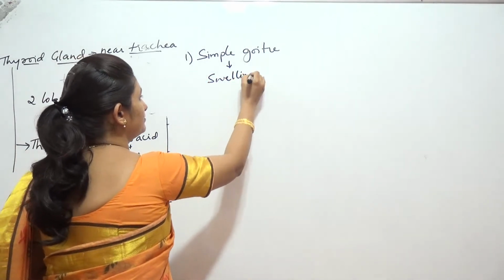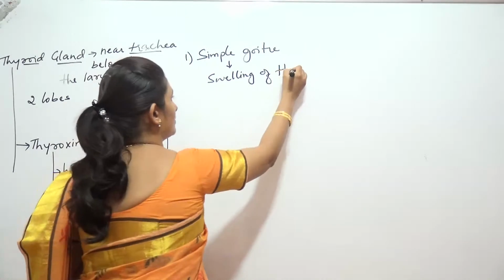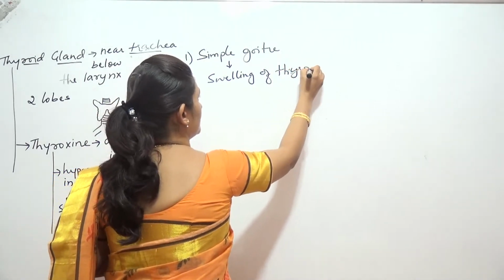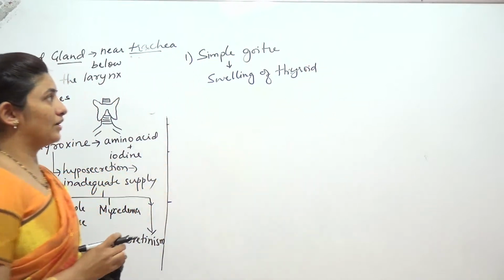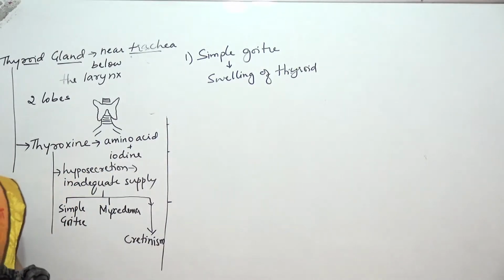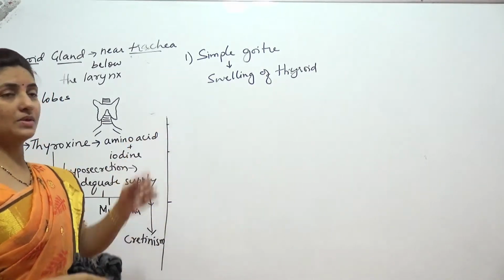swelling of the thyroid gland. When the swelling of the thyroid gland is seen, then we say the person has simple goiter.